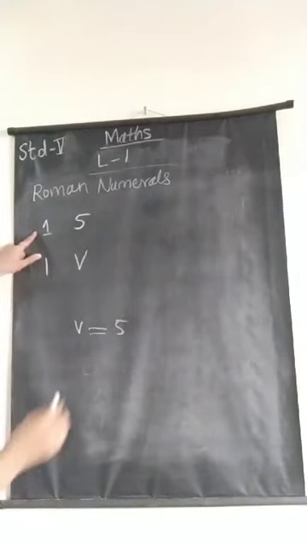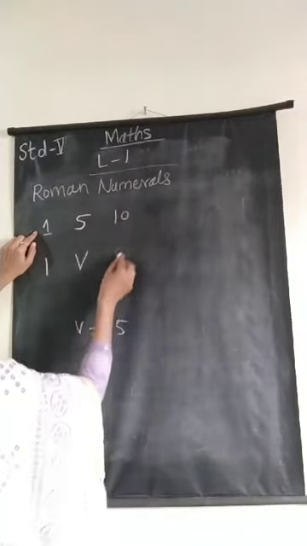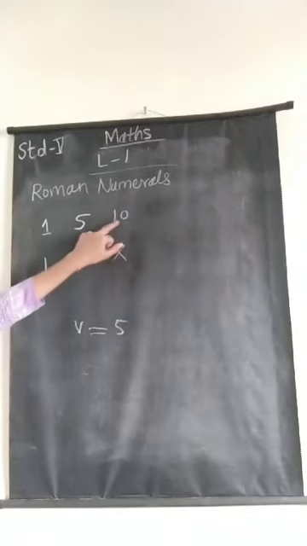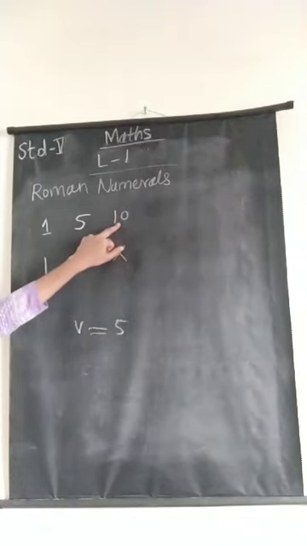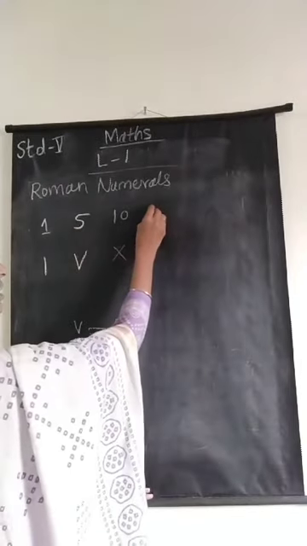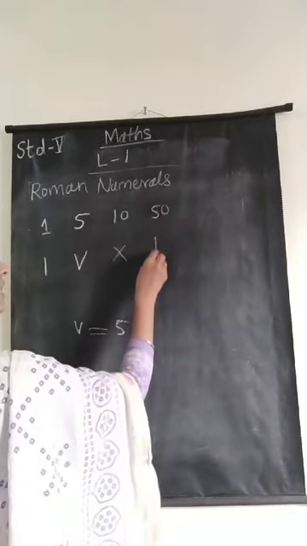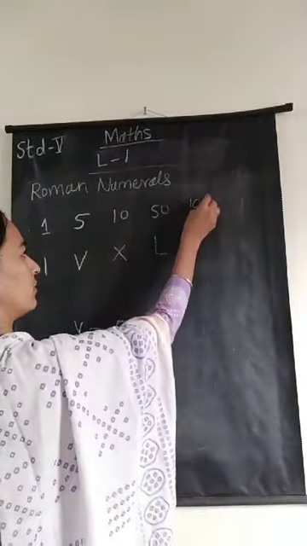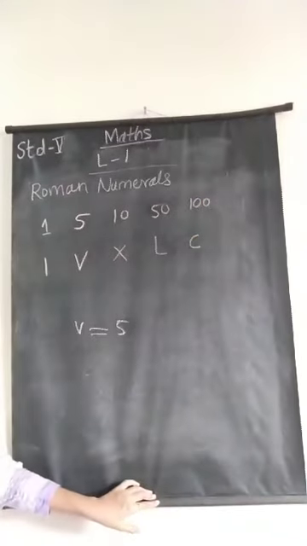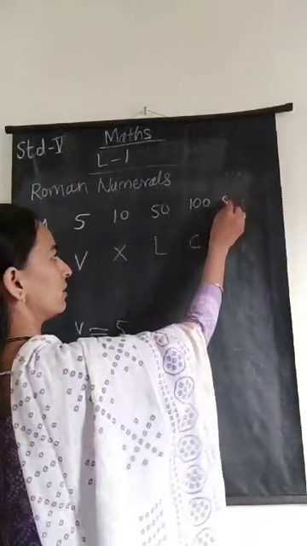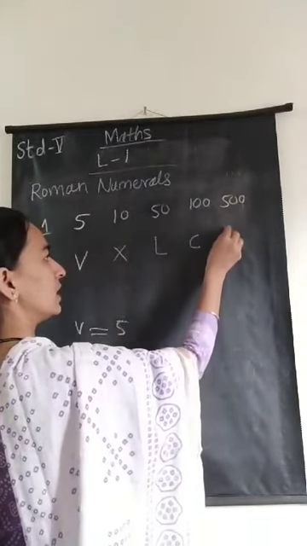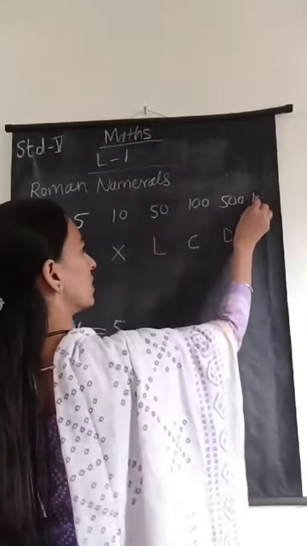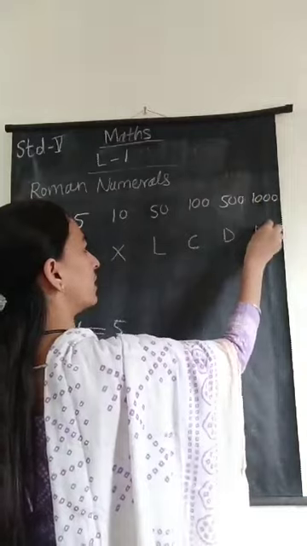In place of 10 they use capital X. If they have written capital X, that means the number 10. For 50 they use capital L. For 100 they use capital C. For 500 they use capital D. And for 1000 they use capital M.